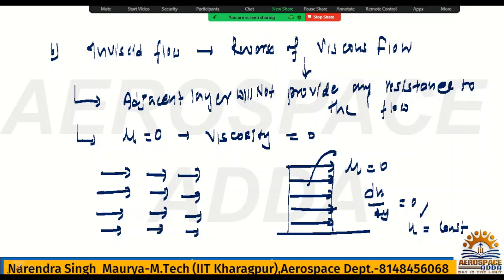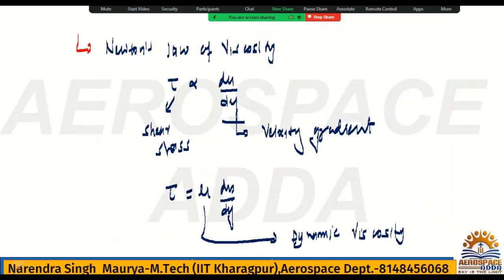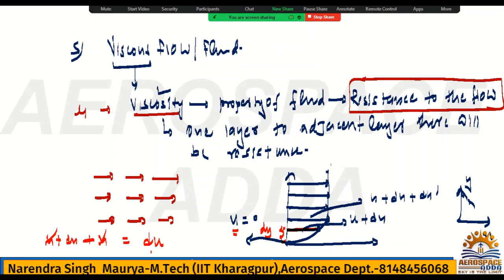So basically, you always remember, if you have a boundary layer here, inside it the velocity is changing, but outside it the velocity gradient will be zero.